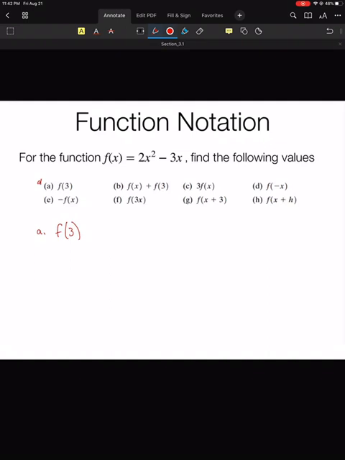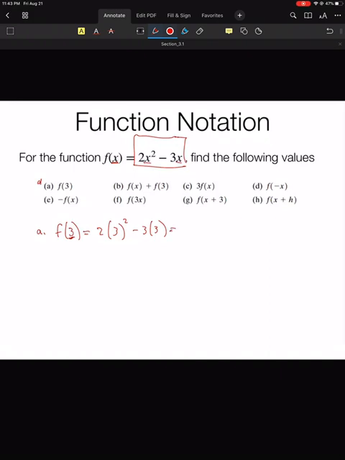So this is my function, that's my machine. My input is 3, so everywhere I saw x before, which is here and here, I'm now going to put a 3. 2 times 3 squared minus 3 times 3.